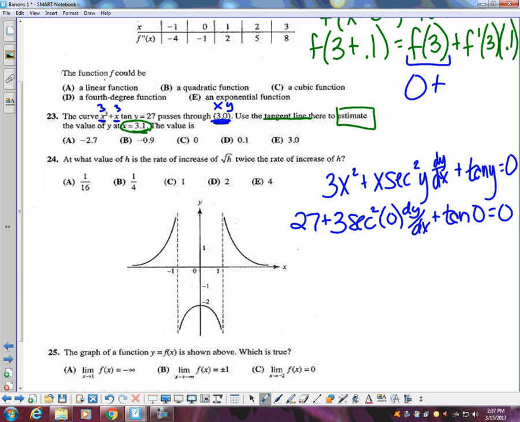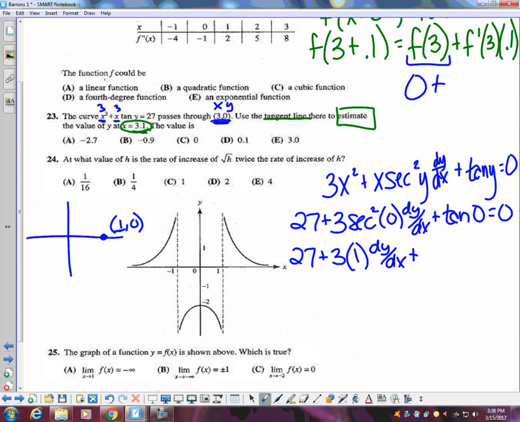Now I'm solving for dy dx. I'm just going to leave my 27 here for a second. What's secant squared of 0? Secant squared is cosine flipped, and cosine is x, so 1 squared, which is 1, times dy dx.